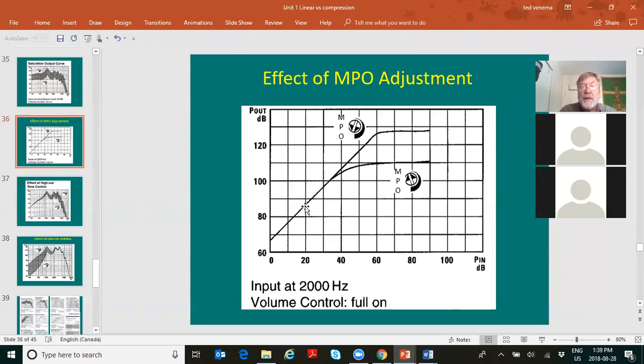20 in equals about 87. So my gain is still going to be 67. And again, 30 in is about 97. There you go. 20 in is 87, 30 in is 97, so my gain is linear. See how that 45-degree angle?